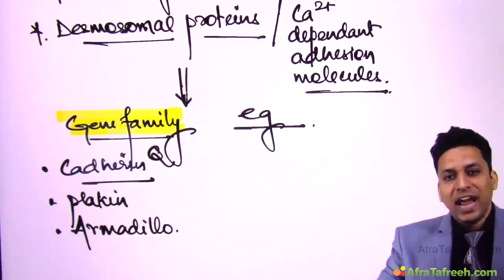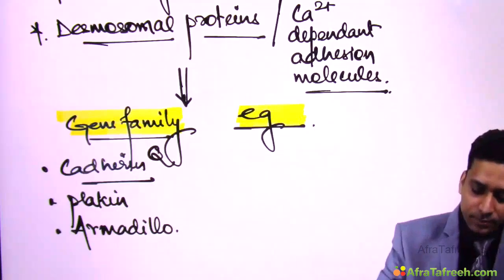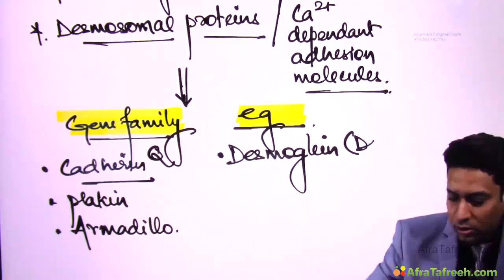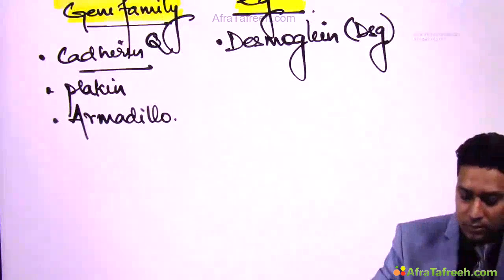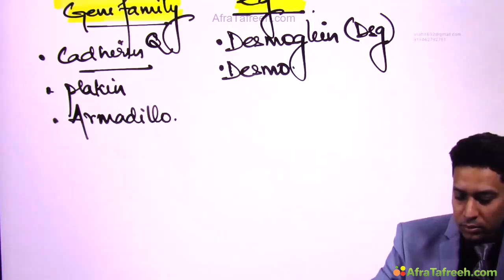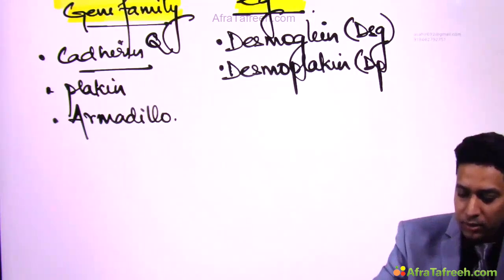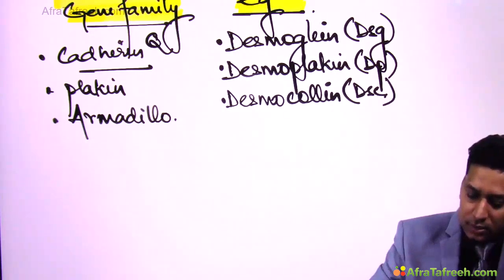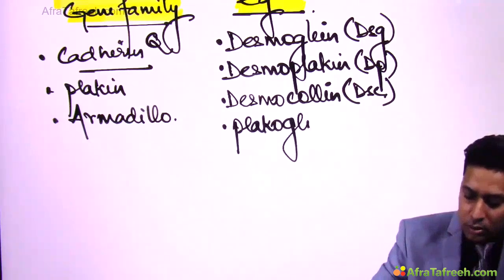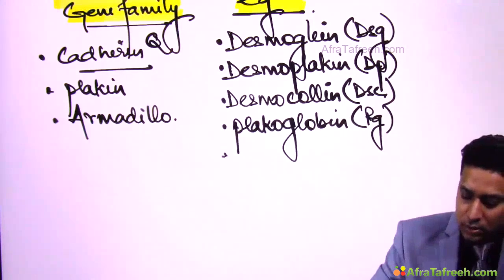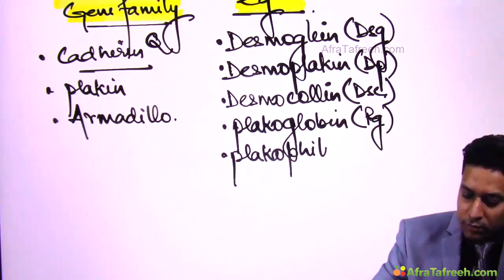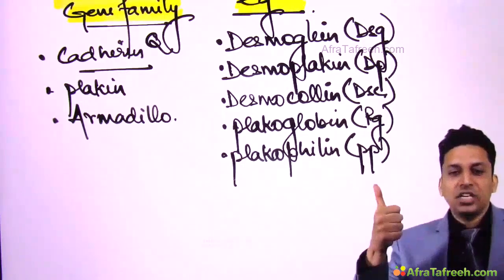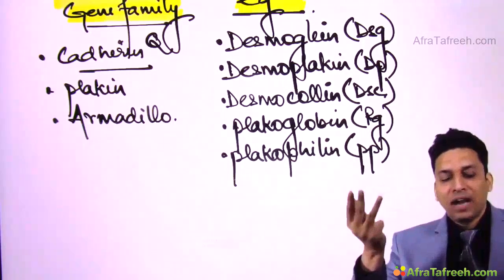So these desmosomal proteins belong to the cadherin, plakin or armadillo gene family, and their examples are desmoglein, DSG; desmoplakin, DP; desmocollin, DSC; plakoglobin, PG; and plakophilin, PP.